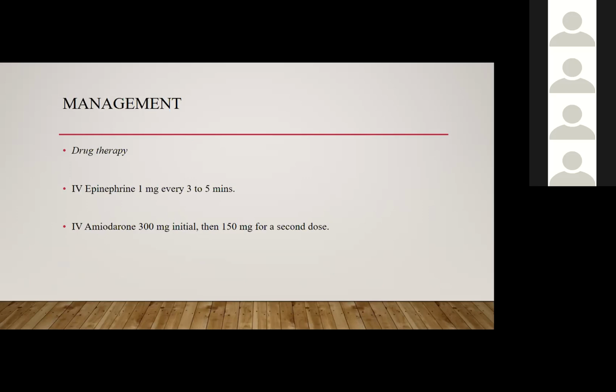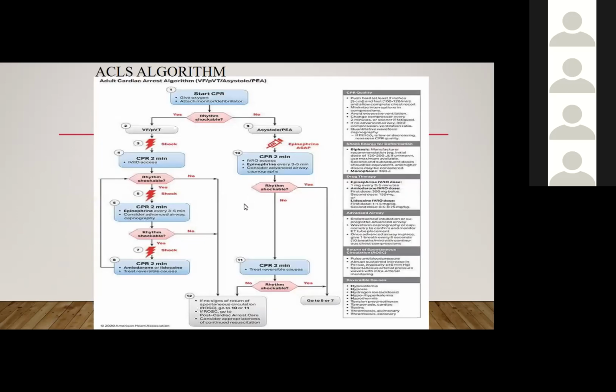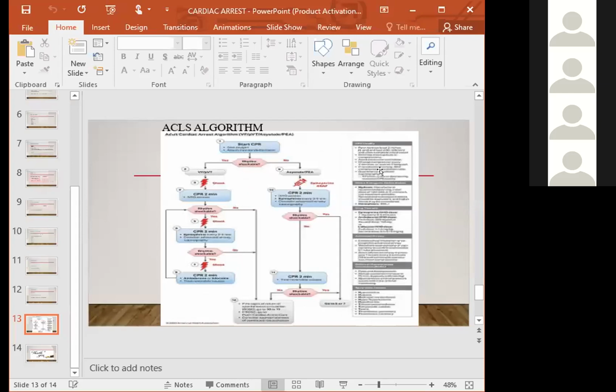Diagram, as you can see over here, which basically tells us how to handle CPR, okay? CPR for our cardiac arrest, and then it also looks at other aspects of managing cardiac arrest.